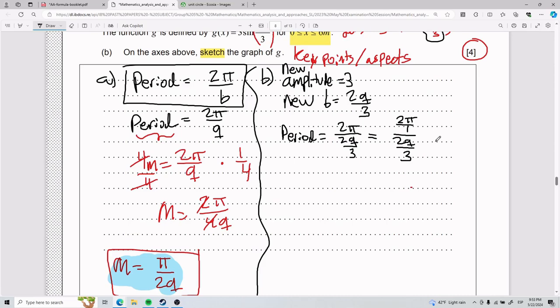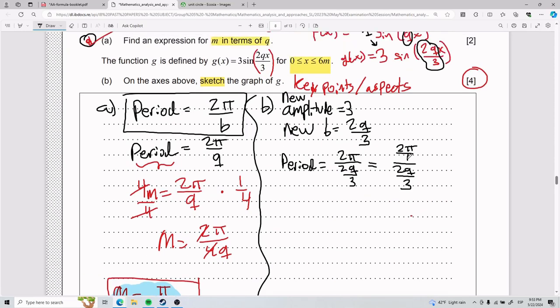I like to think about it this way because technically from here, you can say, because this is like a big division symbol here, you can think about it as 2 pi over 1 being divided by 2q over 3. And when they divide like this, you end up with 2 pi over 1 times the reciprocal, 3 over 2q. And so 2 pi is going to multiply 3, and 1 is going to multiply 2q. Right? This is just how you handle big fractions.